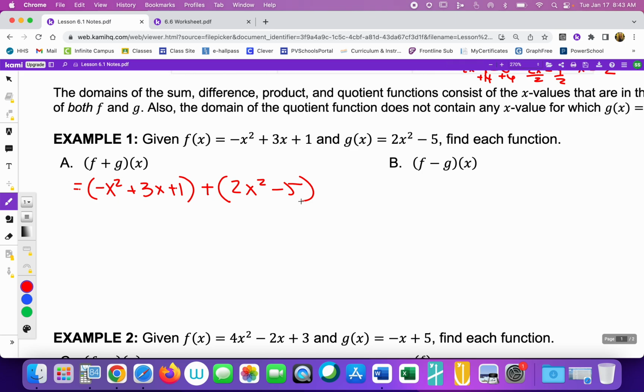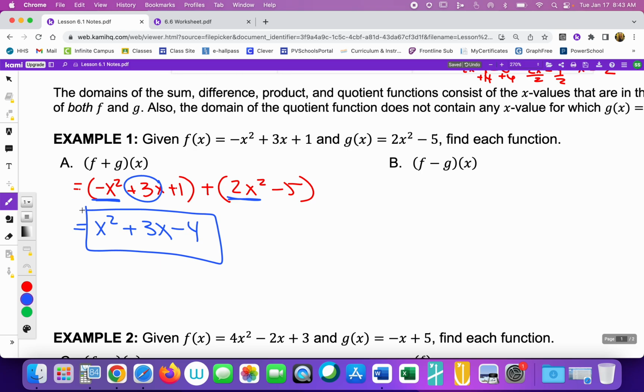Subtraction or multiplication, those are required. So on addition, you can just combine like terms. So negative x squared and 2x squared would be what? 1x squared. 3x has no like term, so that's going to be tacked on. And then we have positive 1 and negative 5. Negative 4. That's your answer.